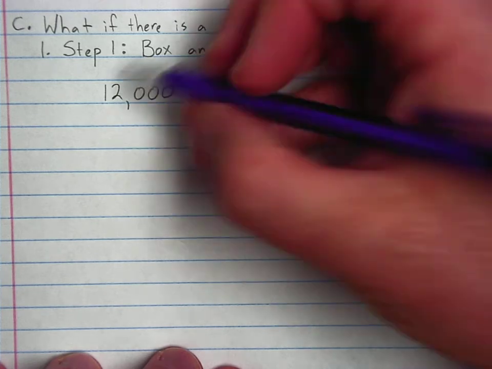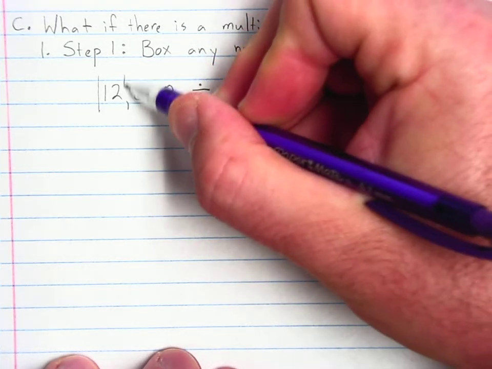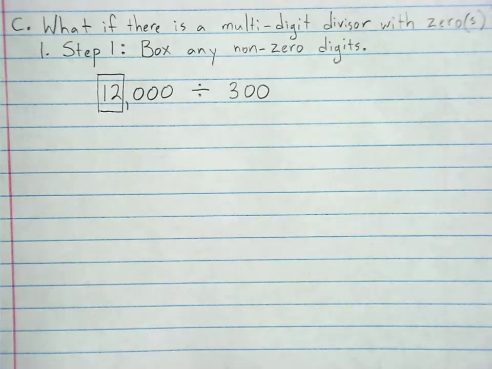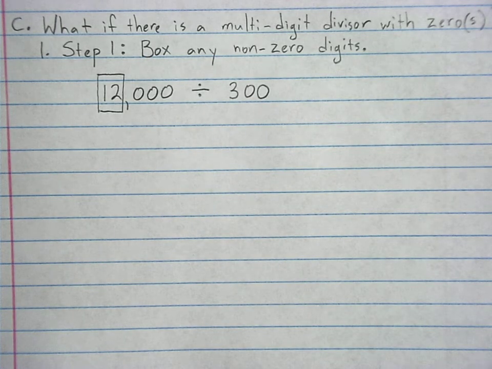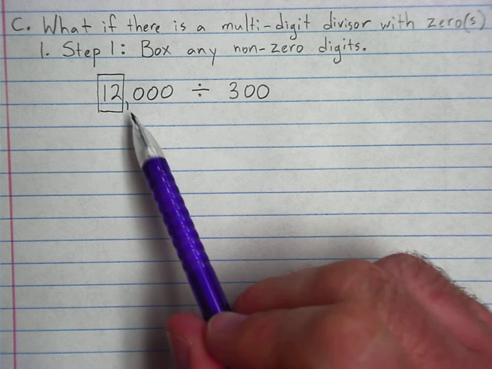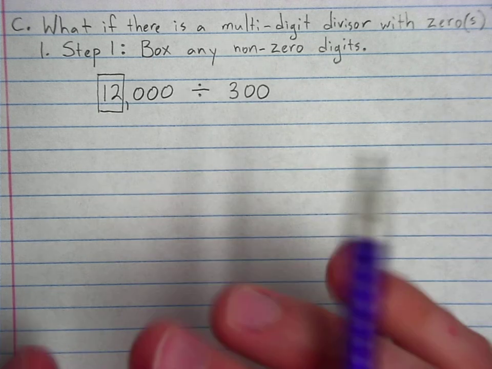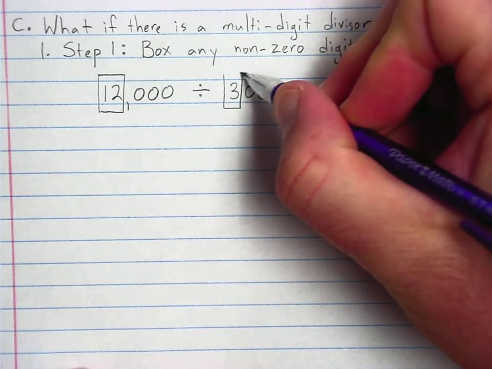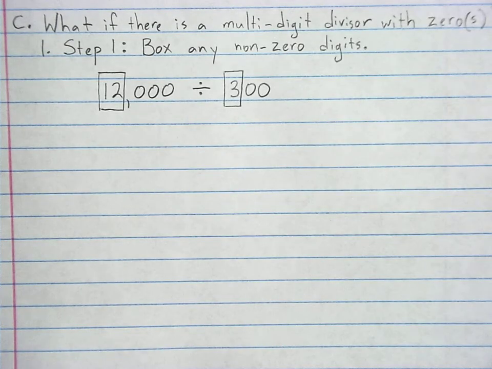Well, non-zero digits, 12, the 1 and the 2 together, that would be non-zero. I don't want to box just the 1, just the 2. I want to put them together as a whole number, especially in a case like this, because I know that I can divide 12 divided by 3 pretty easily.